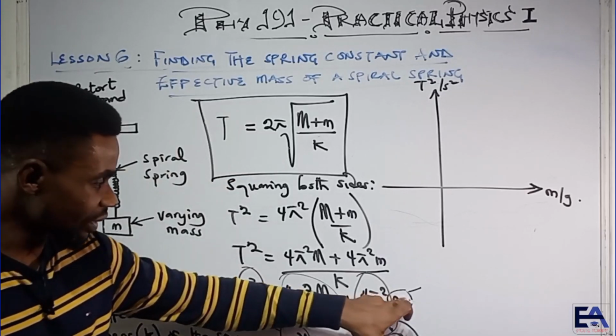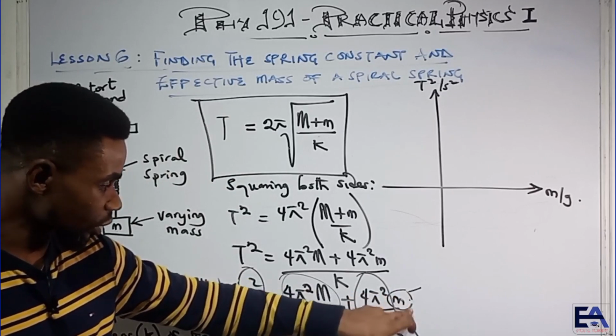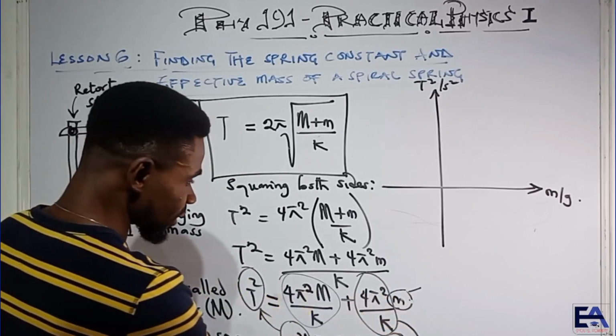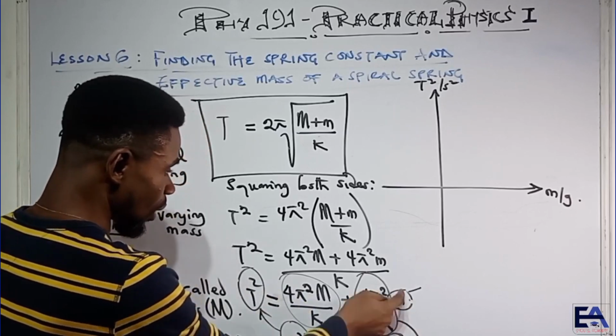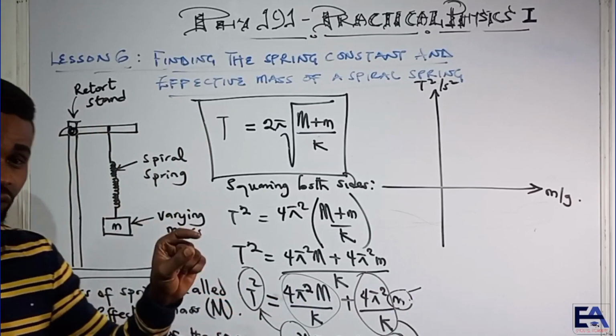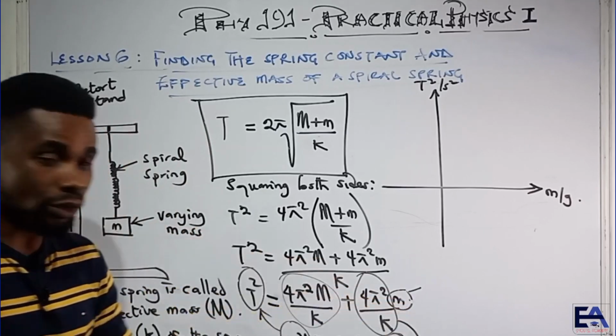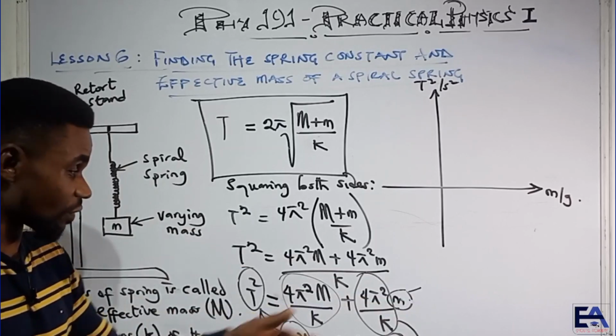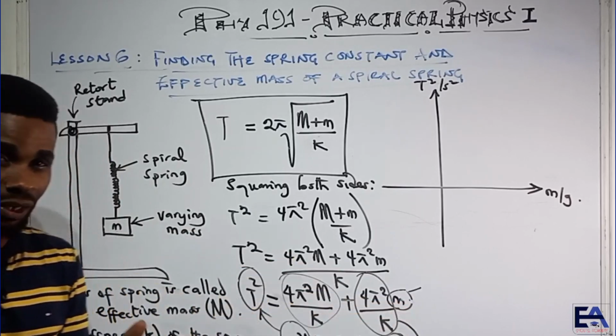And then this m here is what stands as our x, so that's our independent variable, while the dependent variable is t squared. So remember, the independent variable is because you keep changing the value of m deliberately across the experiment.